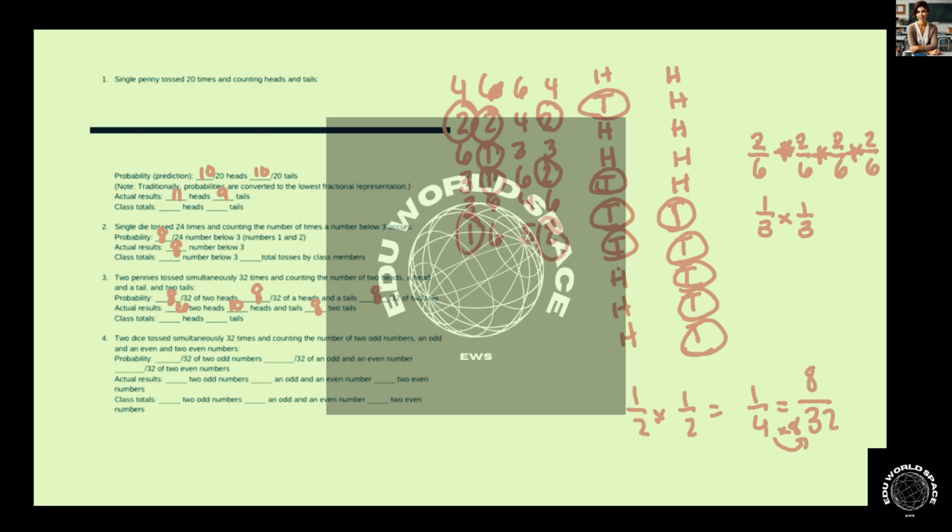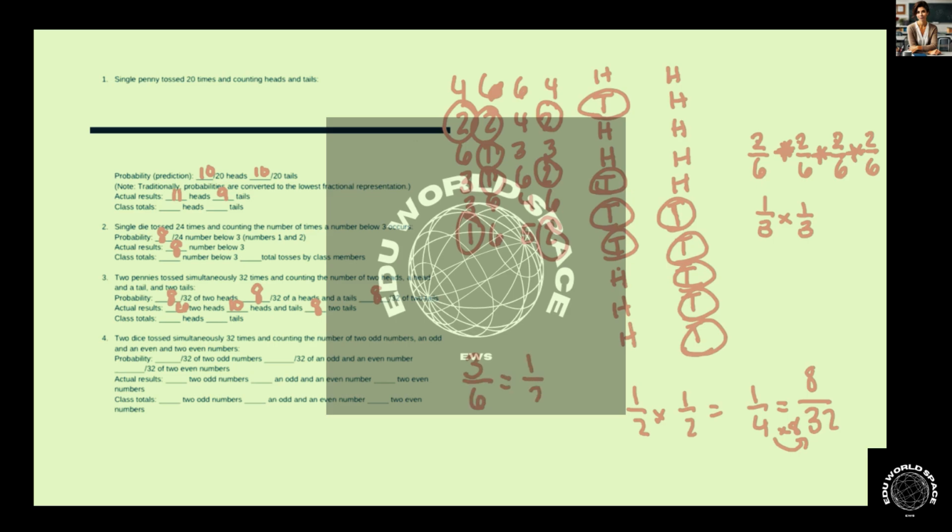So you have 2 dice tossed simultaneously 32 times and counting the number of 2 odd numbers, an odd and an even, and 2 even numbers. Okay, so first of all, for 2 odd numbers, on 1 die there's a total of 3 odd numbers out of 6.